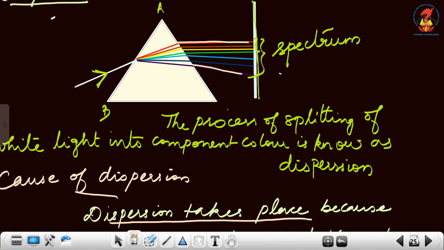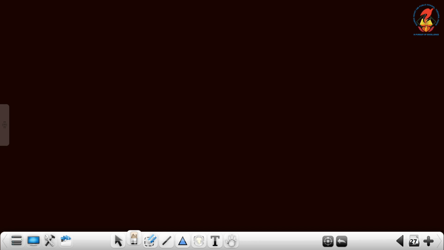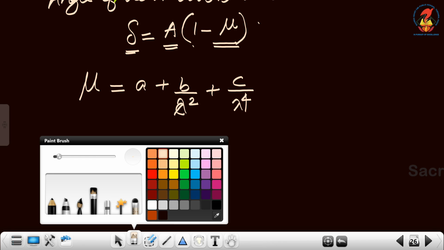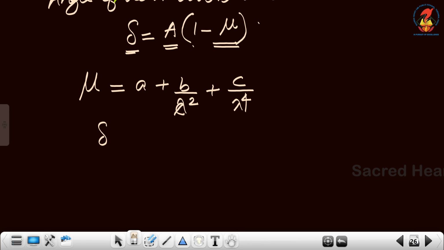Now, why is the deviation of red less than the deviation of violet? It is a question asked by the board. It's a short question. Why is the deviation produced in red less than the deviation produced in violet?